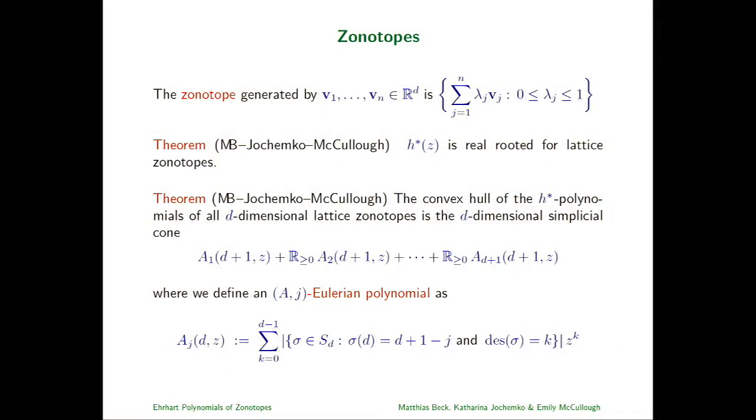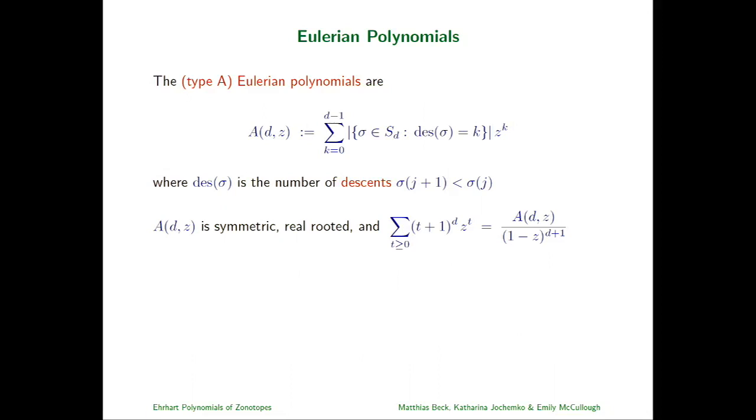Other questions? So why is this interesting? I guess there are my Ehrhart polynomials. It's an old fact that Eulerian polynomials are real rooted. Here's my earlier definition: if you think of the d-dimensional unit cube, one definition of the Eulerian polynomials is the H star vector of the unit cube.